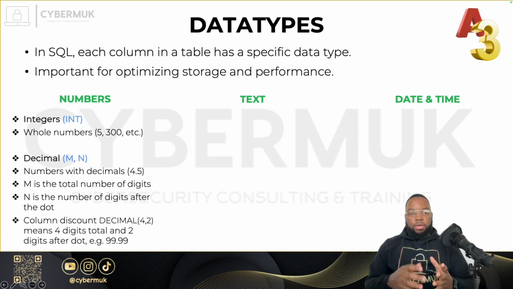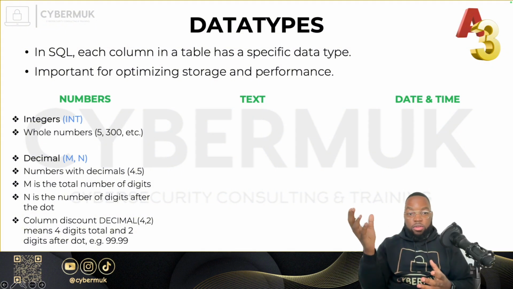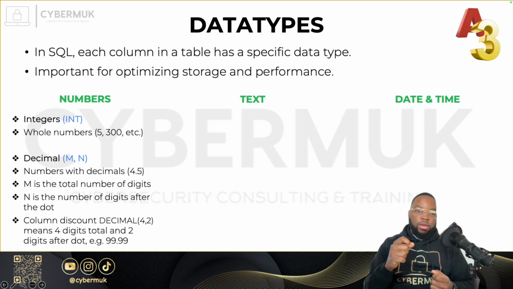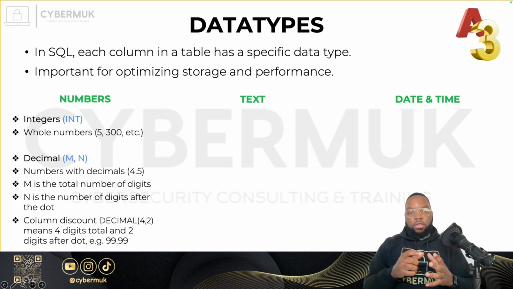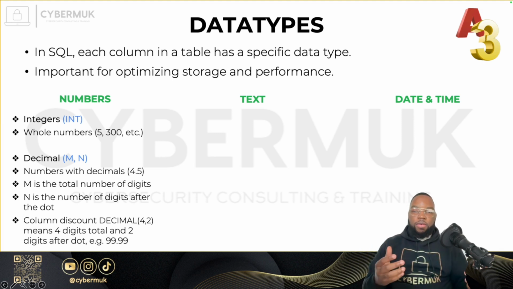For example, suppose you have a column called discount, and you create it with the keyword decimal 4,2. This means that it can take 4 digits in total and 2 digits after the dot. So the biggest value will be 99.99, and you can have any other value within that frame.